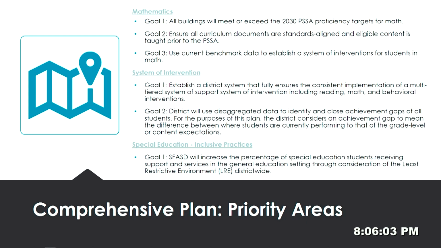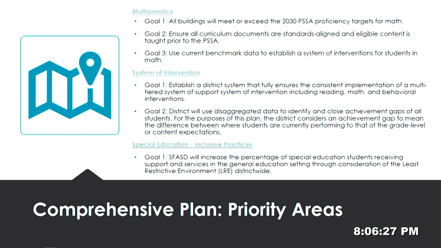And the last priority that we have from our comprehensive plan is making sure that we're focusing on inclusive practices with special education, really increasing the percentage of special education students receiving support and services in the regular and general education settings, really thinking about that least restrictive environment, making sure that we're focusing in on supporting students in our general education programs.